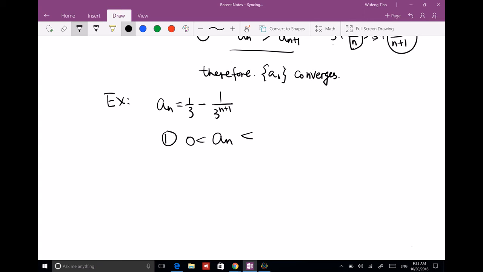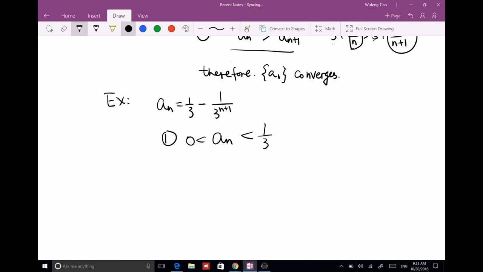I mean, n equals 1 is 1/3, right? So it's always positive for sure because this number is less than 1/3. But less than? I think it increases from 0.2 to 0.3. Yeah, you can prove that it has a bound. It is bounded. Okay, a_n is bigger than 0, less than 1/3. It's bounded.